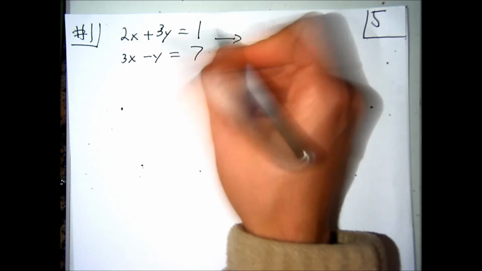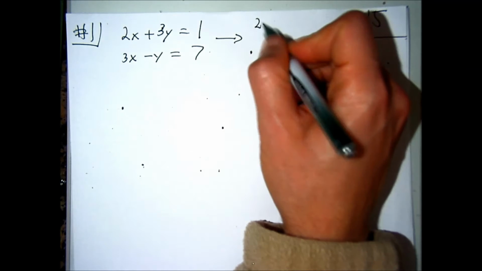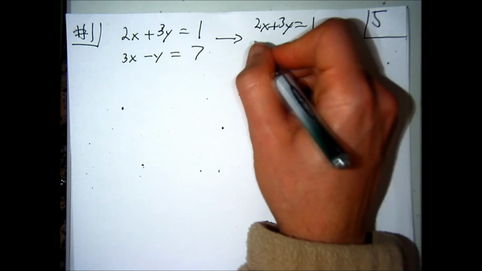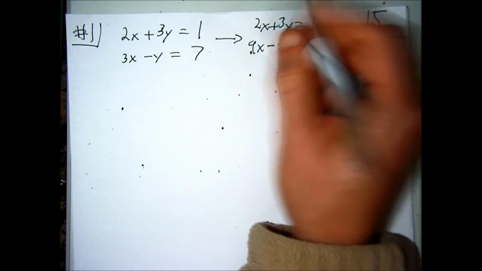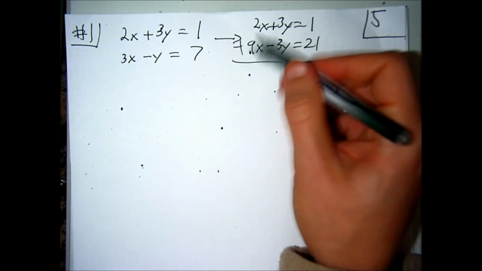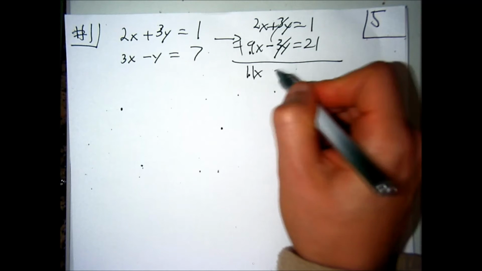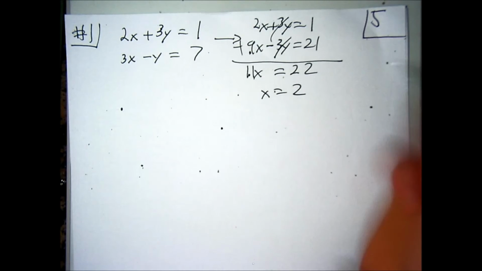I'm going to multiply the second one by 3. So I'll get 2x plus 3y equals 1, and 9x minus 3y equals 21. So 2x plus 9x equals 11x. These go away, and I'm left with 22. So x is equal to 2.